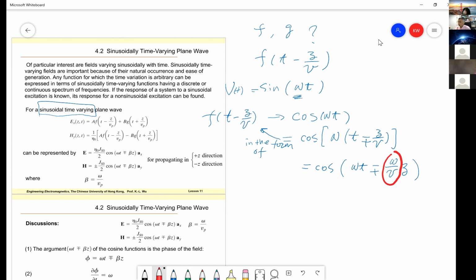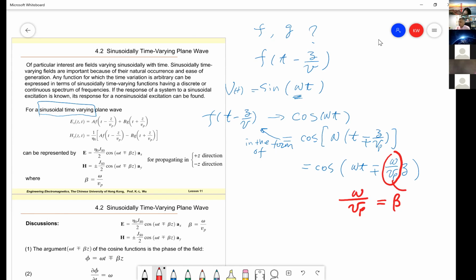Then we define this as beta, that means omega divided by v, the speed of phase. So the speed of phase gives beta.